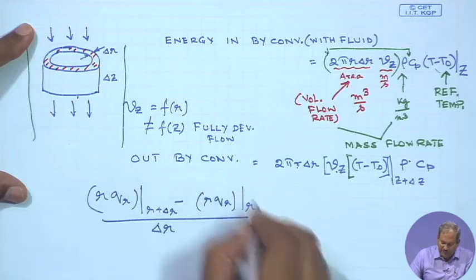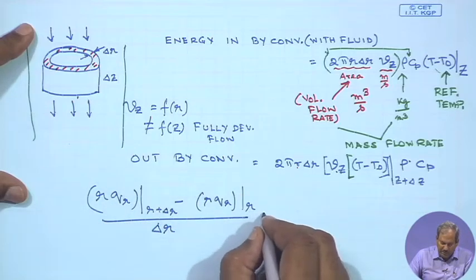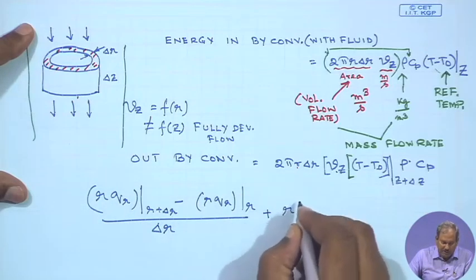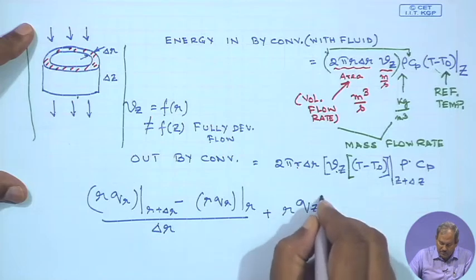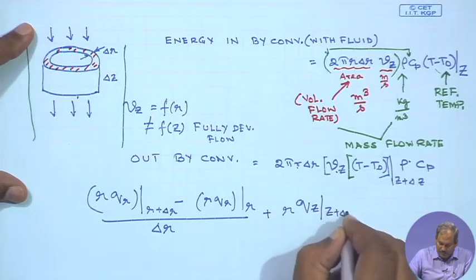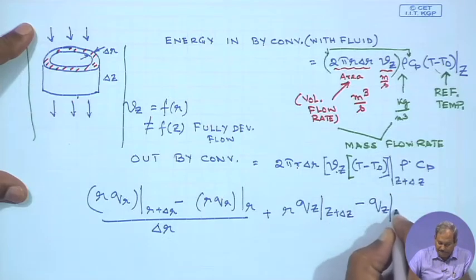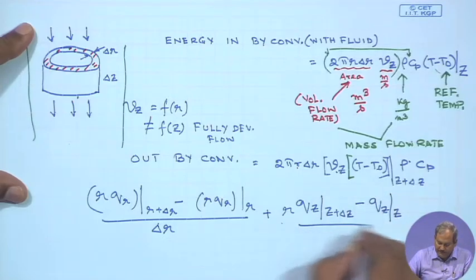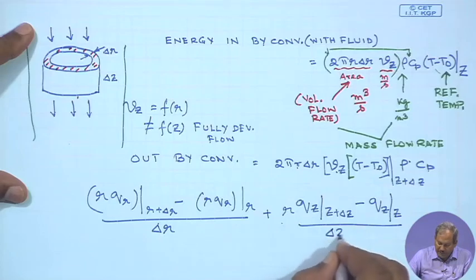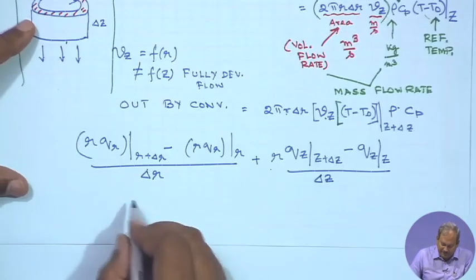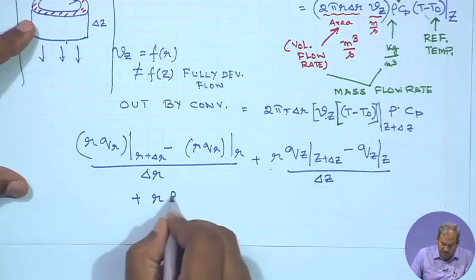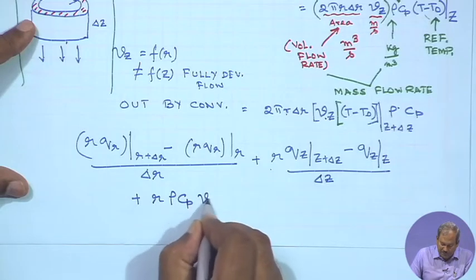This is essentially the net addition of heat by conduction in the r direction, plus this is the net addition of heat by conduction in the z direction, and also we have the convective term Vz.